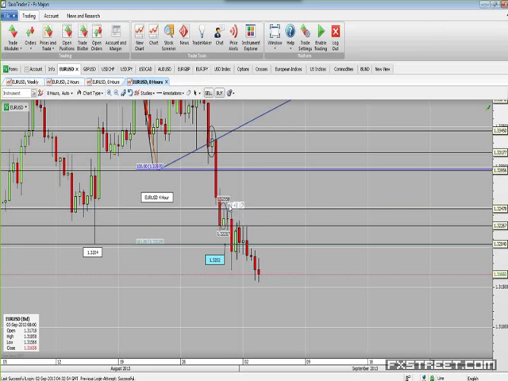So we gyrate around that inside bar, and then what we want to be looking for, when we break it down into shorter time frames, if our bias is still to the downside, is bearish reversal formations in shorter time frames.